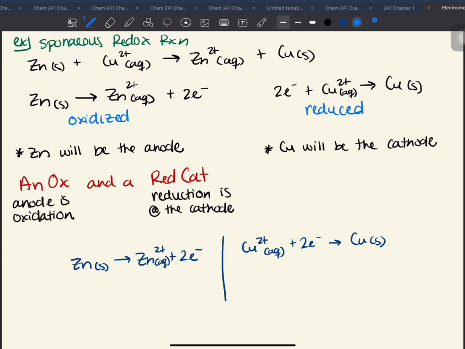So over here on the zinc side, we have the cations that move through the salt bridge from the anode solution to the cathode solution.